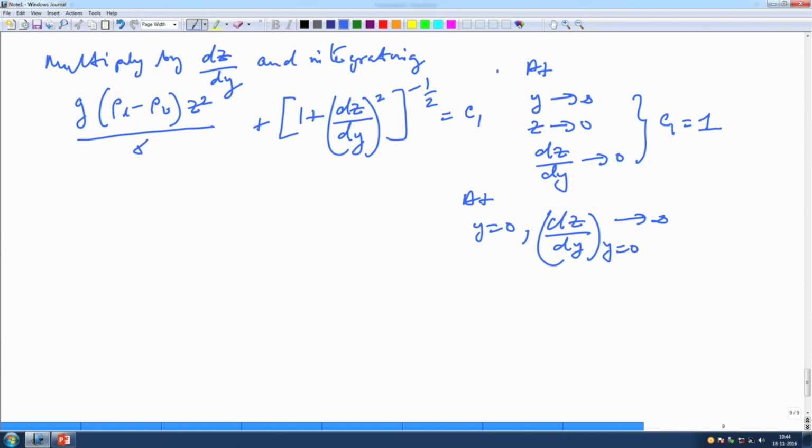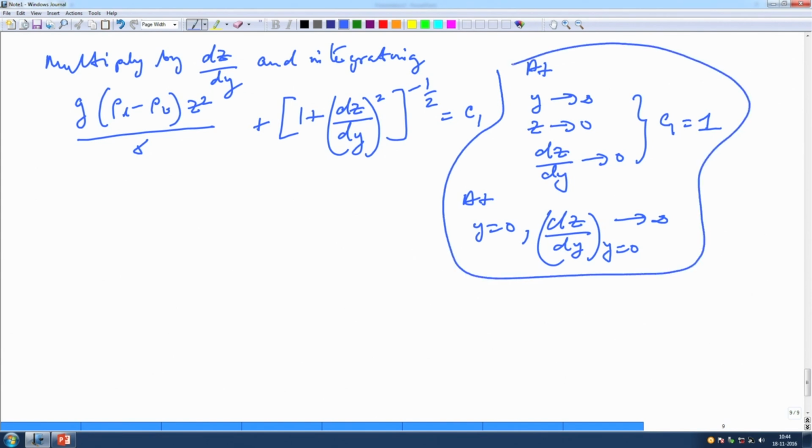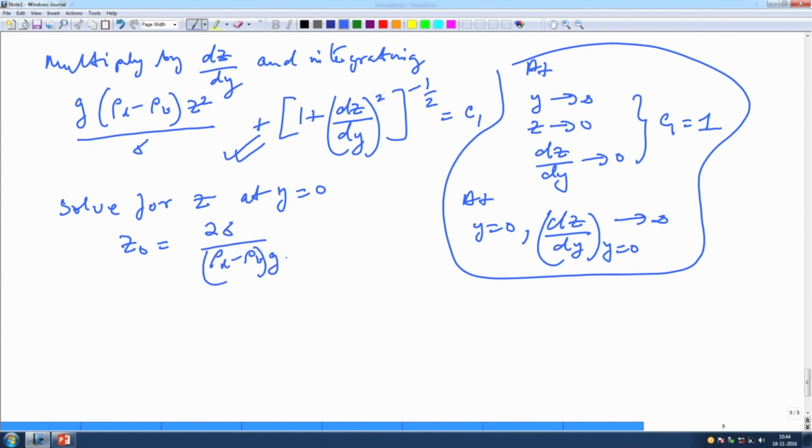So, using these two boundary conditions and this expression, we solve for z at y equal to 0. That means, what is the rise, or basically z naught. So, z naught is given by 2 sigma by (rho L minus rho V) into g, raised to the power of half.